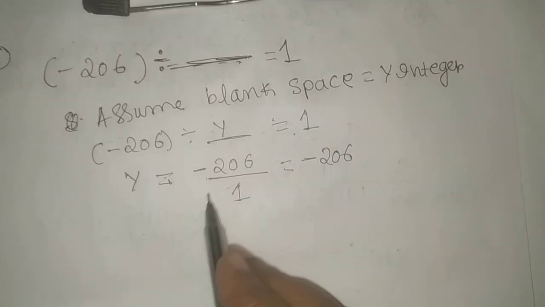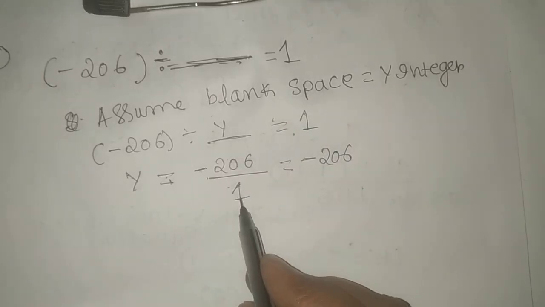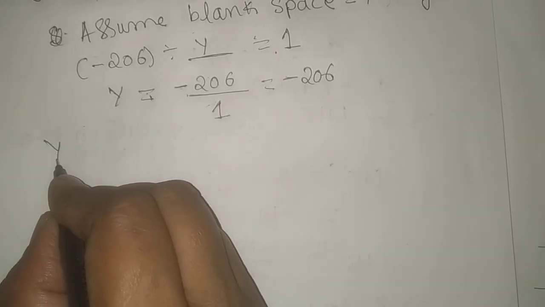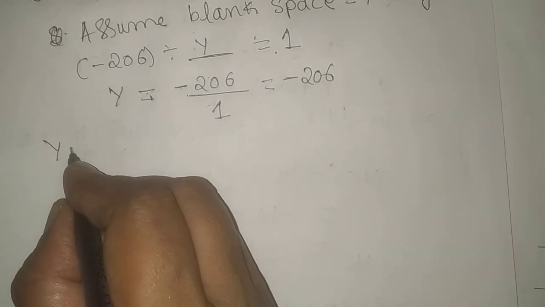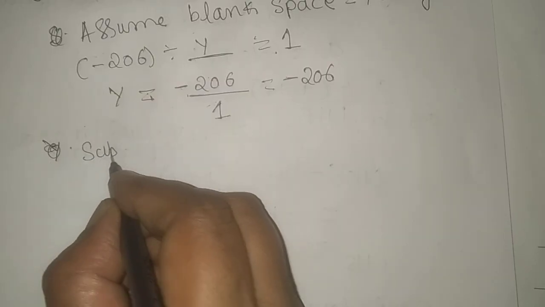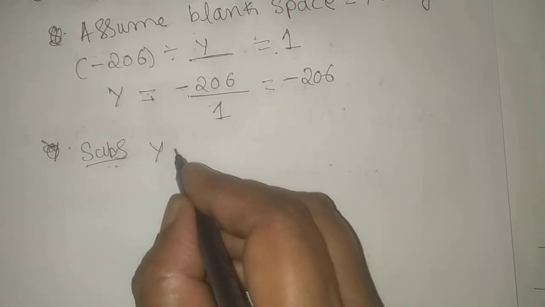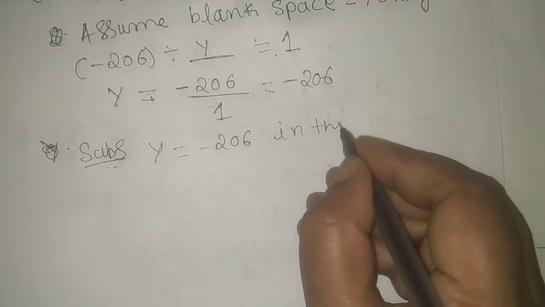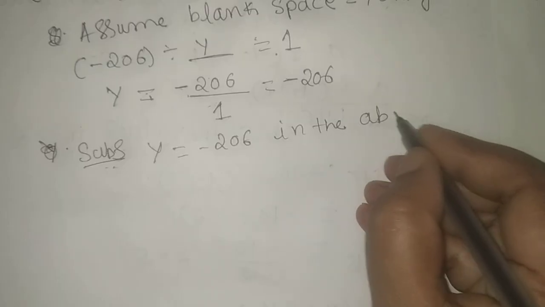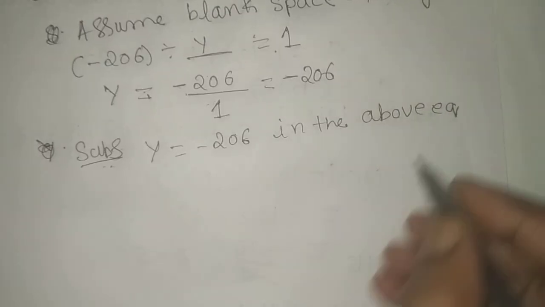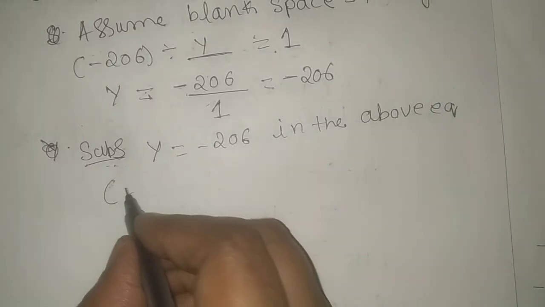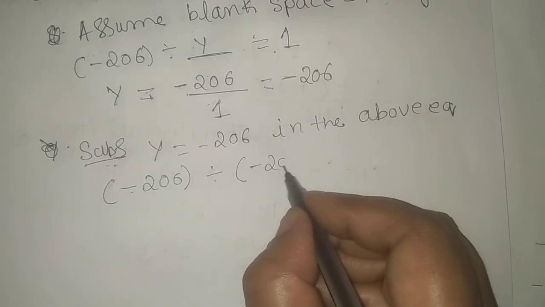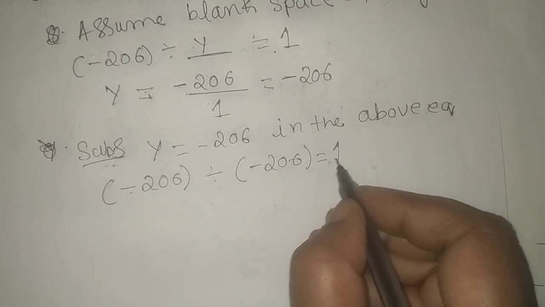Next, substitute y is equal to minus 206 in the above equation: minus 206 divided by minus 206 is equal to 1.